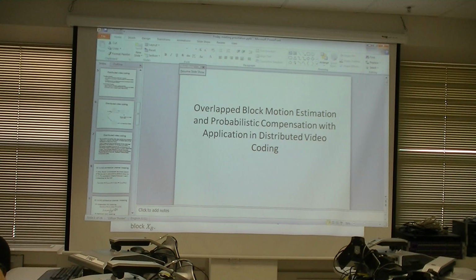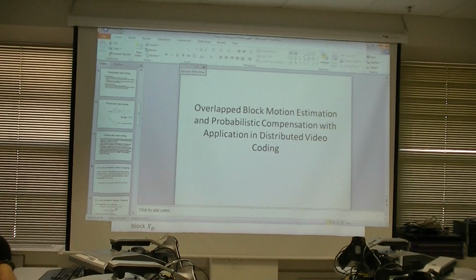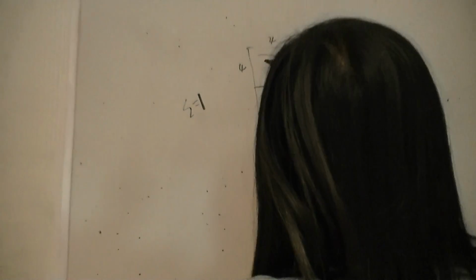I can show you. This is the image. Suppose first we consider this block, and epsilon we take equal to 1.